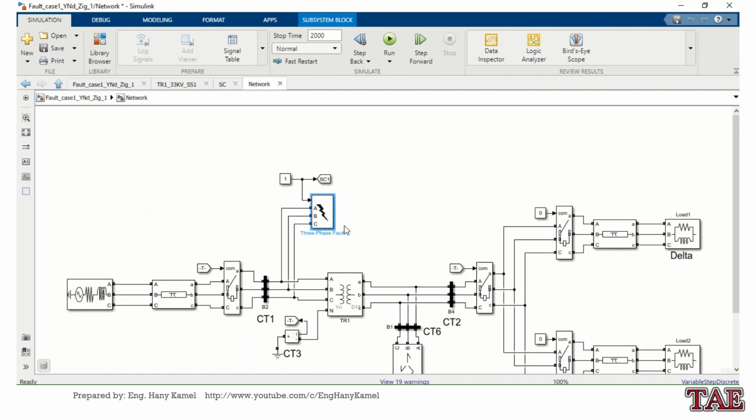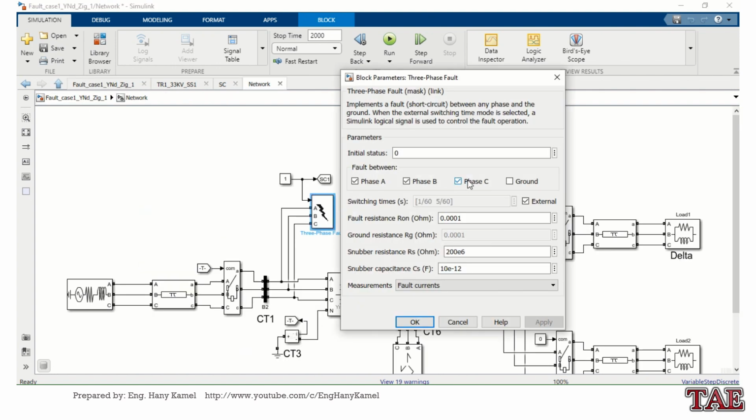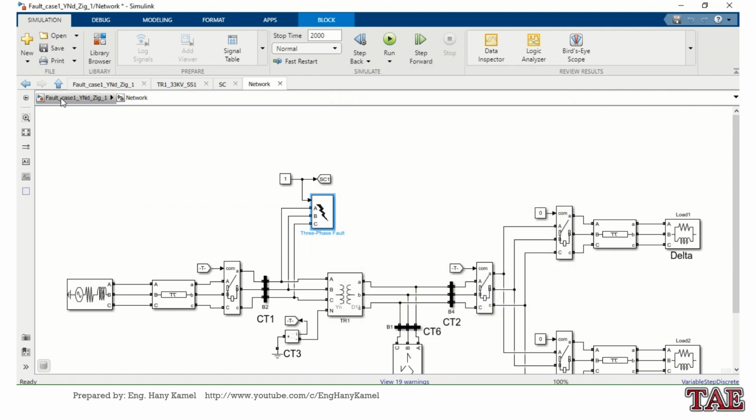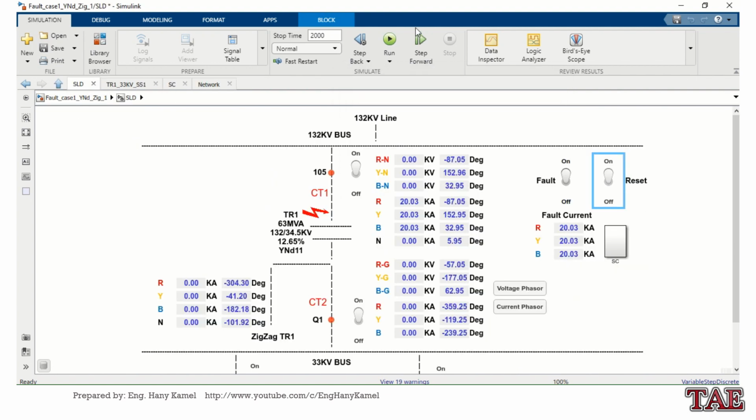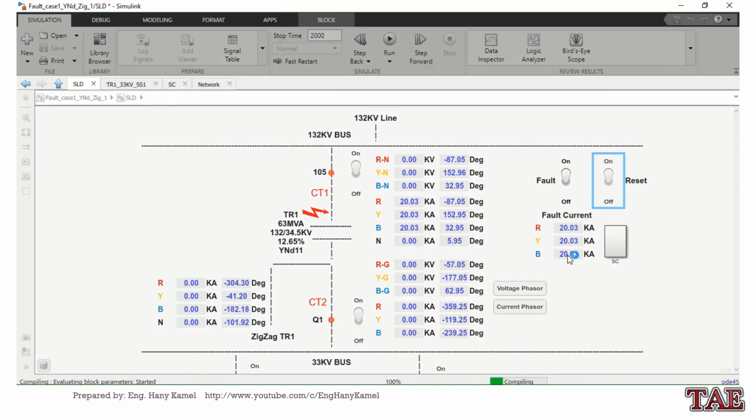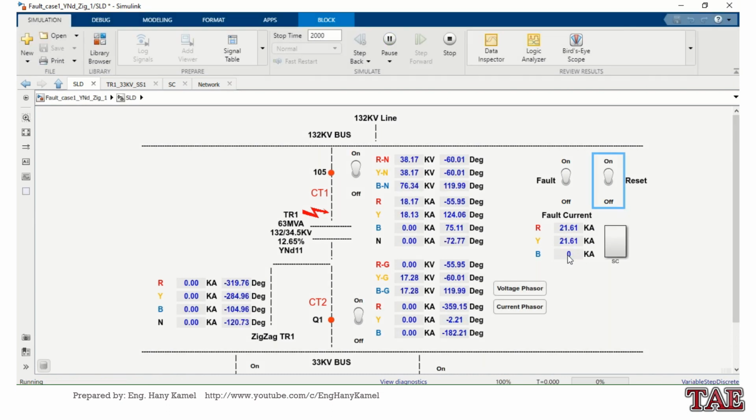Now we'll shift to the second fault, phase-to-phase fault. I will start with force fault on and force reset. You can see phase-to-phase fault current.